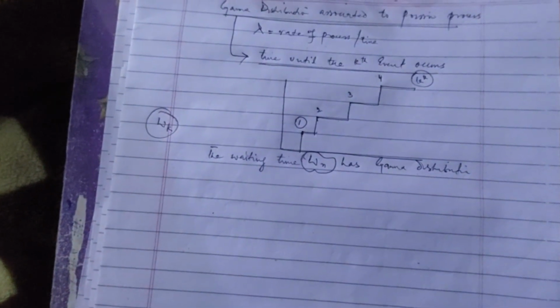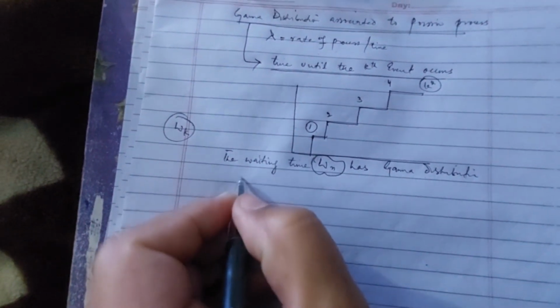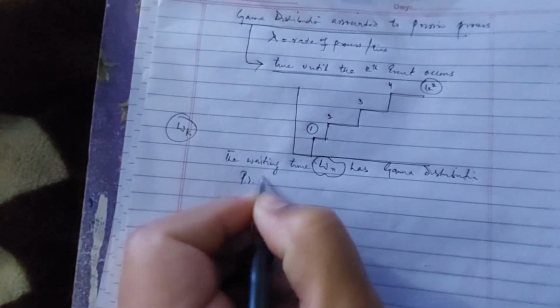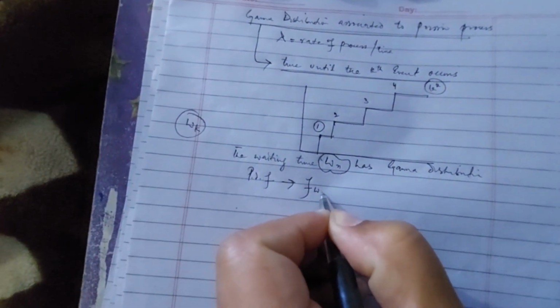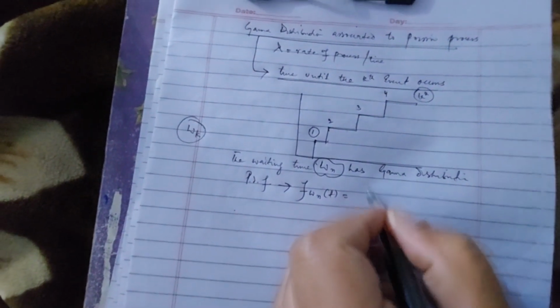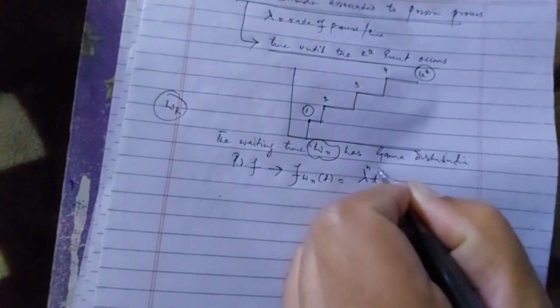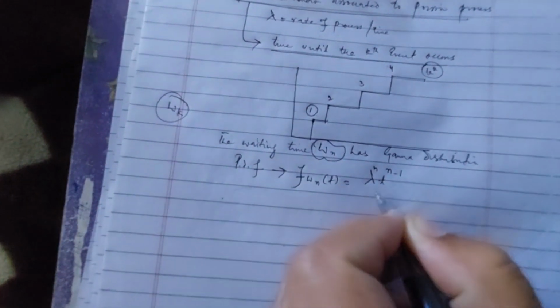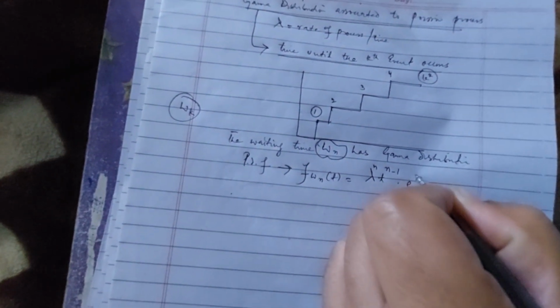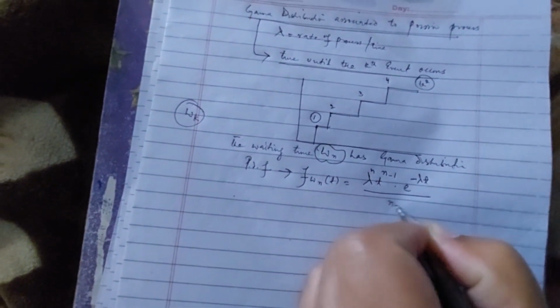So the probability density function, the PDF, which is represented by small f Wn of t over the time period t, is equal to lambda raised to the power n, t raised to the power n minus 1, e raised to the power minus lambda t, divided by n minus 1 factorial.